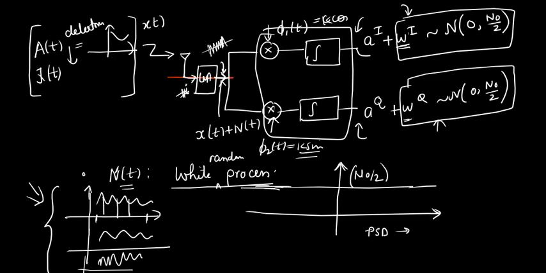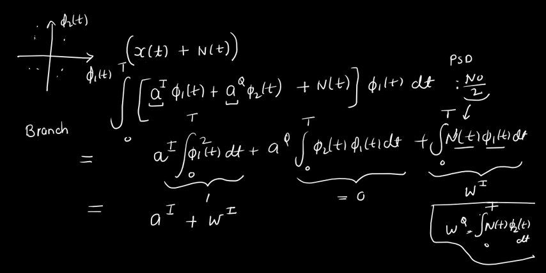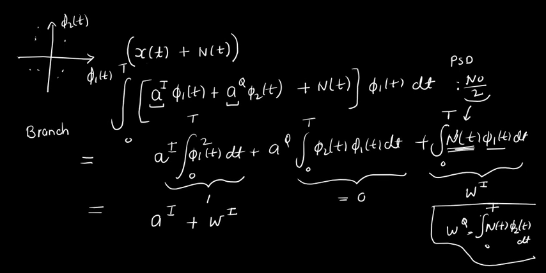See, every time you pass it, this w_i will be a random value, do you appreciate that or not? Because n(t) is random itself, of course the integral will be random too, right? Yes or no?